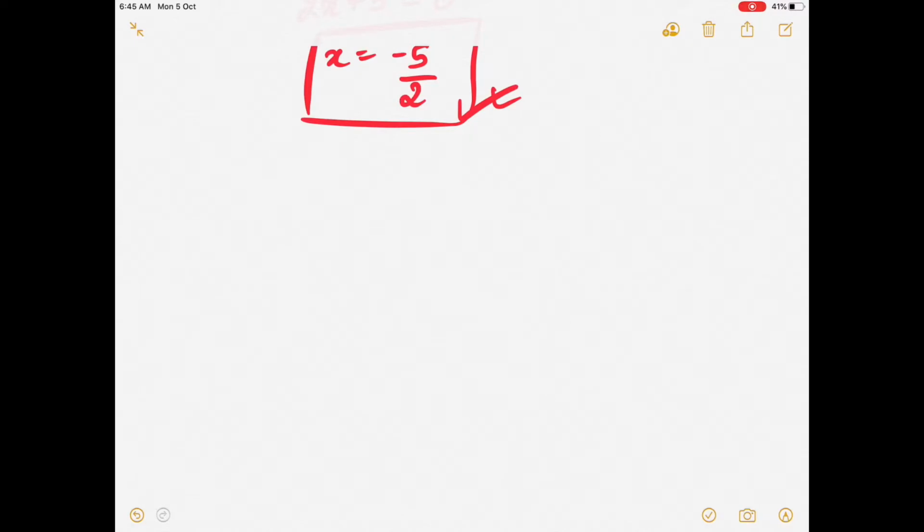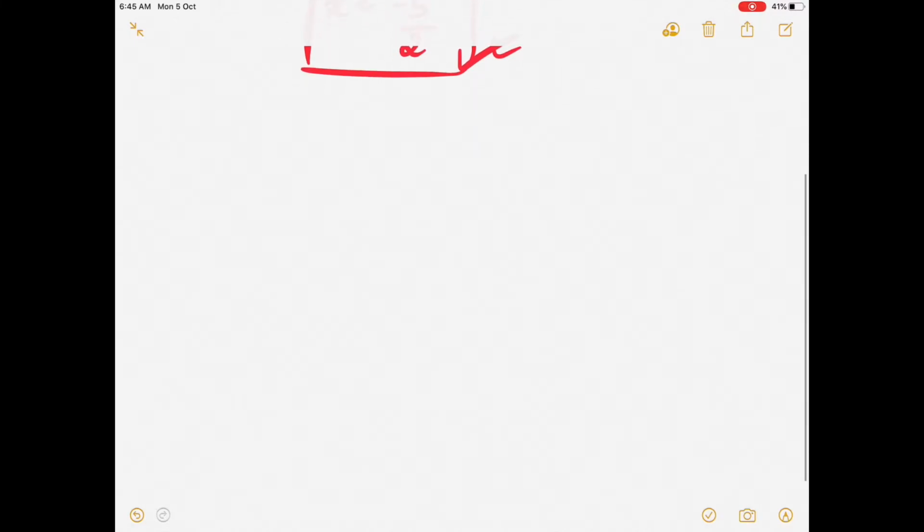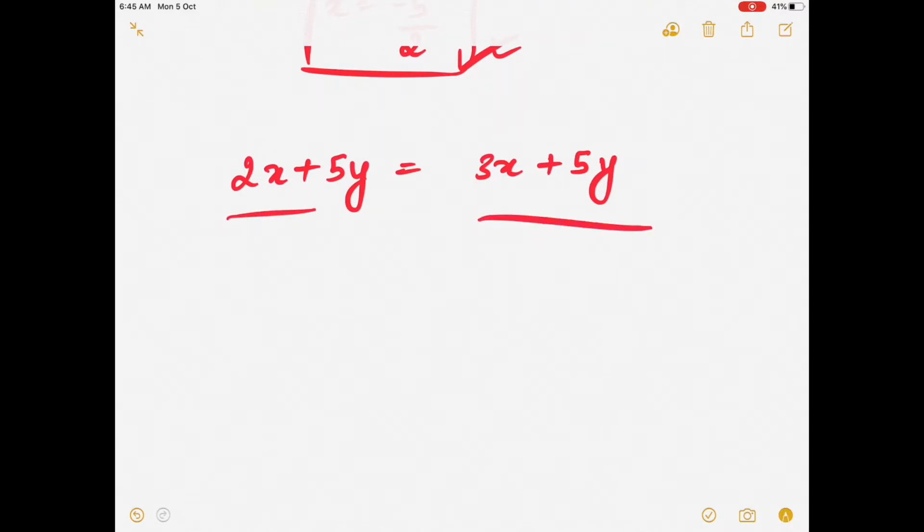In this case, when we are following the equation and solving it, say this is your equation on the left hand side and this is your equation on the right hand side. So what will you multiply to make LHS equal to RHS? Now you will multiply with 2 here and 2 here.